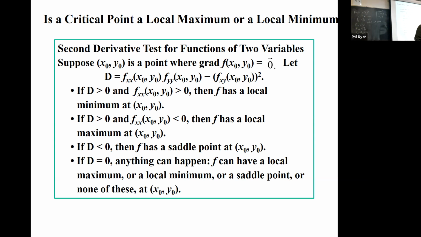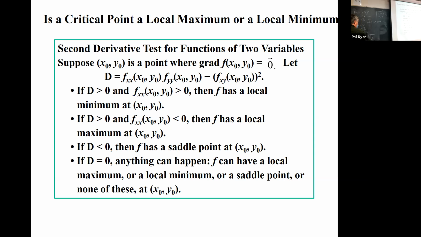And the quantity you look at for the second derivative test, this is the one place where it gets a little complicated, is fxx times fyy minus fxy squared. In this case, it's 2 times 2 minus 0 equals 4.